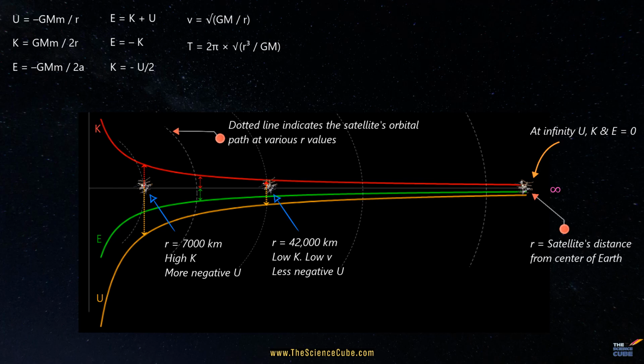In essence, the motion of a satellite, its speed, energy, and time period is governed entirely by its distance from the Earth. Once you fix that distance, everything else falls into place, except the satellite, of course, which stays perfectly in orbit.